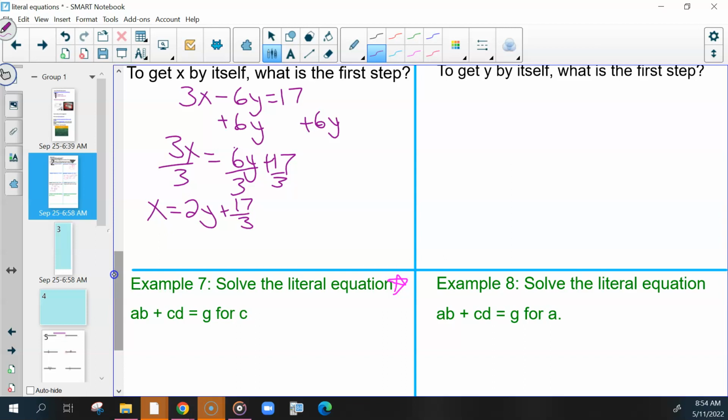So you could have this, or if you divided it all together, you would just have x equals 6y plus 17 all over 3, and we couldn't simplify that unless we separated it. And if we separated it, we would get this. Should we separate it? Like we know the math.